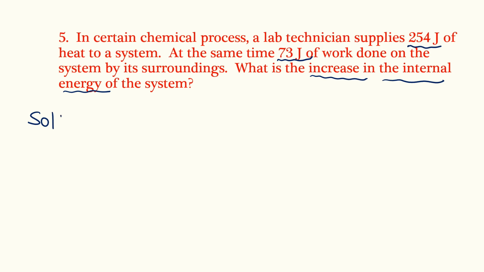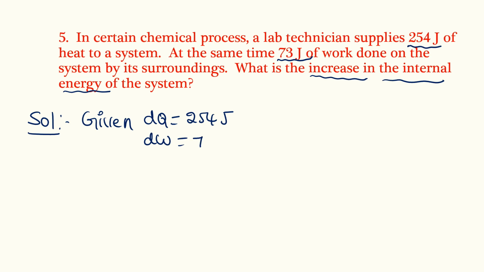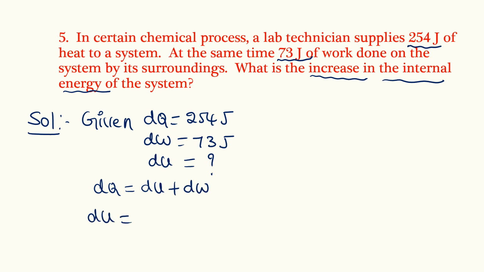Let us come to the solution. Here they gave dQ is equal to 254 joules and dW is equal to 73 joules, and you have to calculate dU, the increase in internal energy of the system. According to the first law of thermodynamics, dQ is equal to dU plus dW. dU is equal to dQ minus dW.